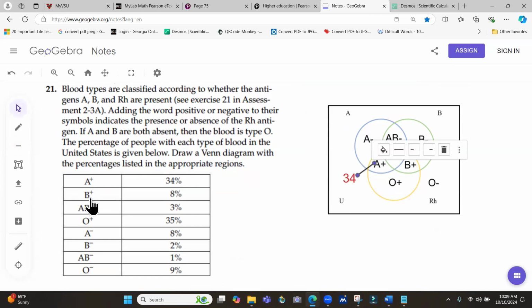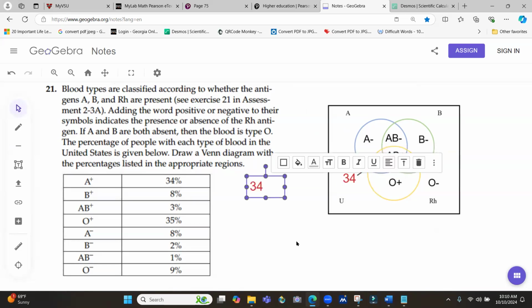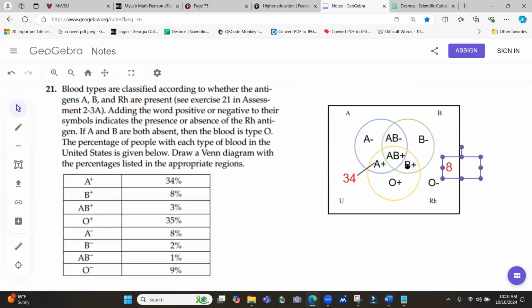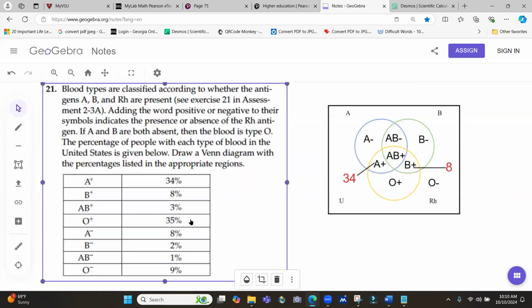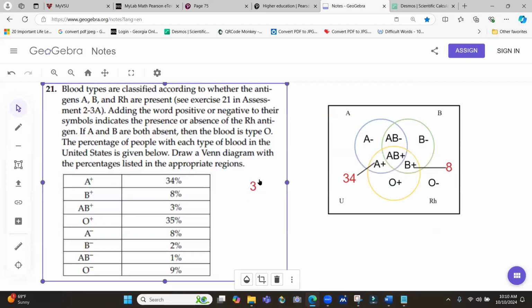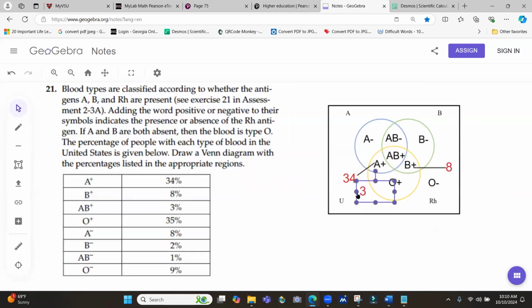B plus is this guy. B plus is 8. B plus, that part of the football, is 8. AB plus, which is the center, is 3. The center is 3.